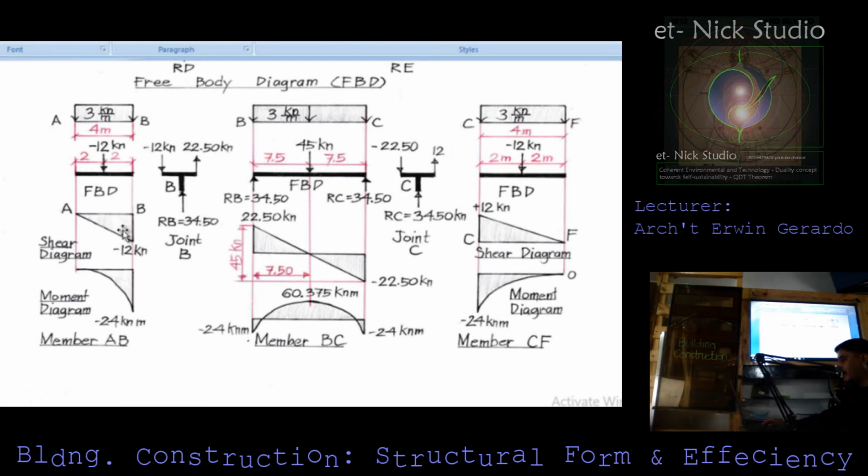If you are going to compare the cantilever beam here and at this point, they are in a reverse process. Then take note that because this is decreasing positive, the curve, this is first degree. So the line here becomes second degree or a curvilinear line.